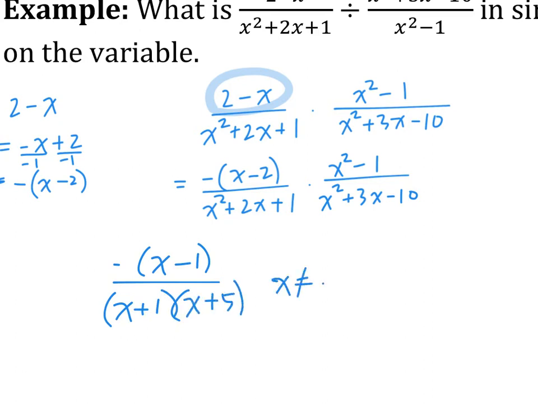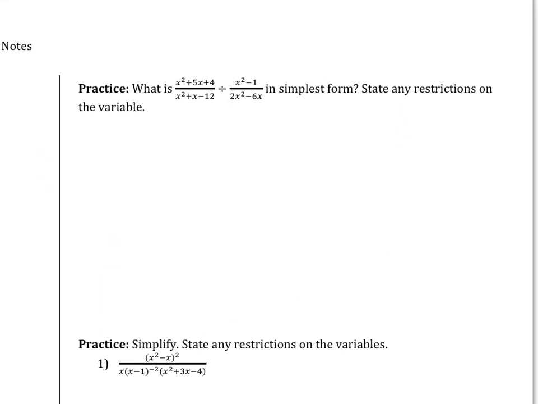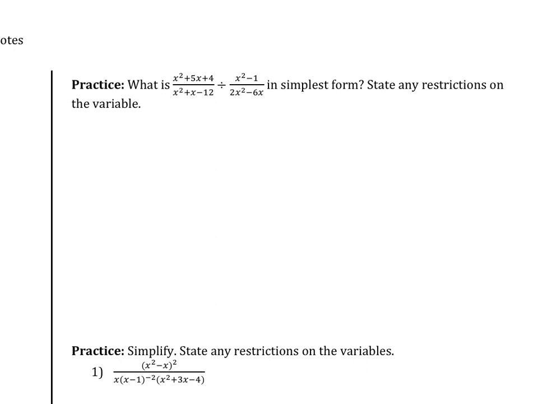X can't equal negative 1, negative 5, and 2. Okay, if you have not tried the next one, please give the next one a try. The answer is 2x over x minus 1. X is not equal to plus minus 1, 3, and negative 4.